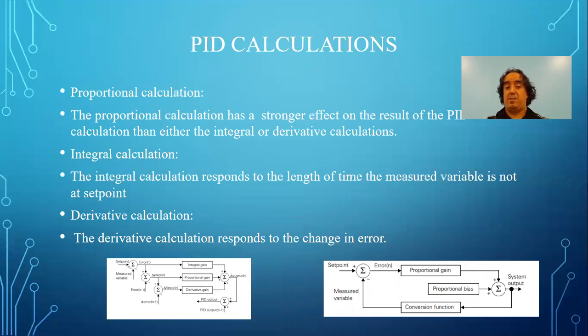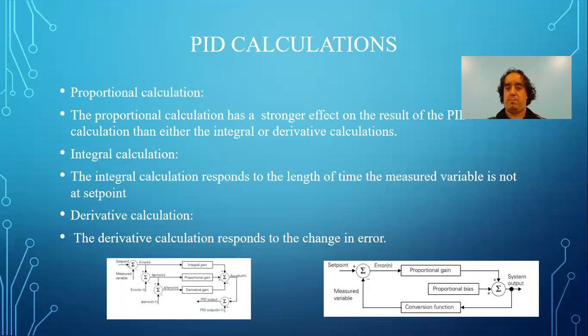The second one is the integral calculation, which responds to the length of time the measured variable is not at the set point, to regulate it and bring it back to the set point target. And finally, the derivative calculation. The derivative calculation only responds to change in error.